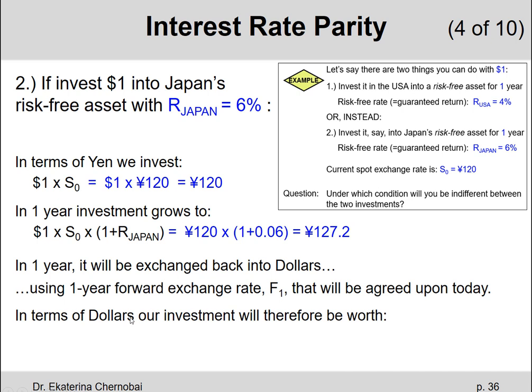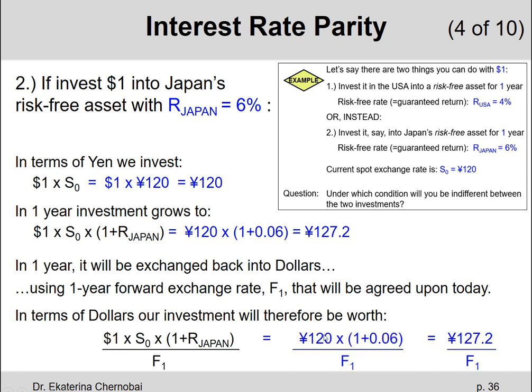So in terms of dollars, this investment made in Japan will be worth this much money in dollars, right? So it will be worth 127.2 yen divided by the 1 year forward. And 1 year forward will be expressed as how many yen it is per dollar, right? So you would divide next year's yen by yen per dollar, and you will be left with the dollar amount, right?